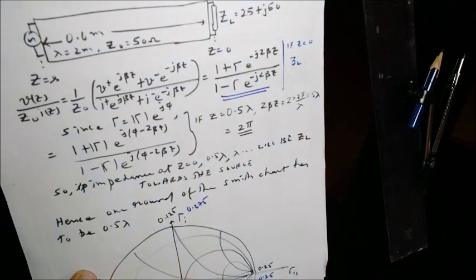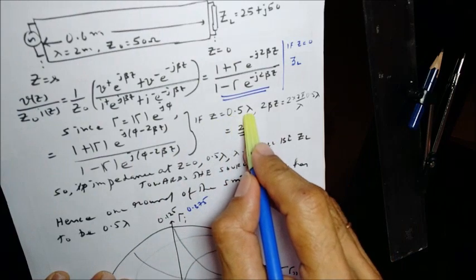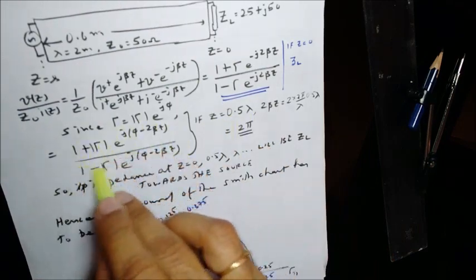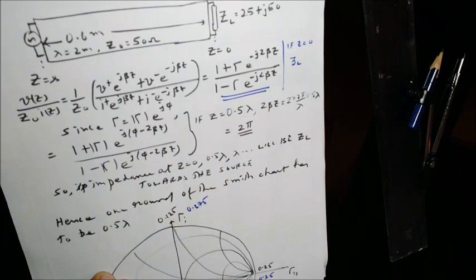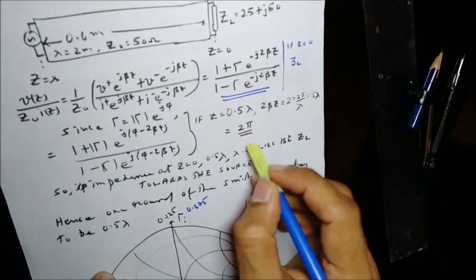Okay, now if z is equal to 0.5 lambda, 2 beta z becomes 2 into 2 pi by lambda into 0.5 lambda, that is equal to 2 pi.